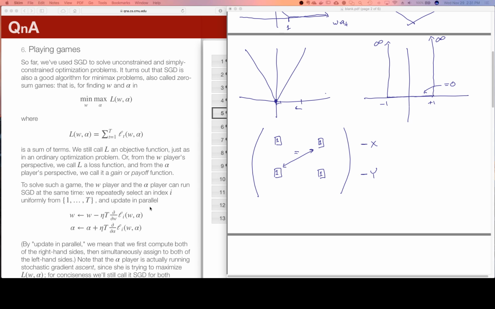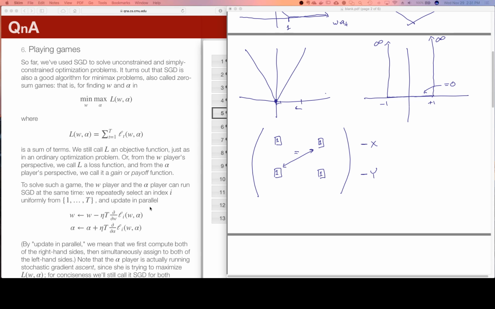So what do I mean by a game? I mean by a game there are two players, which we'll call W and alpha, and we have an objective function L that depends on both W and alpha. And it can still be a sum of terms where each term depends on both W and alpha.